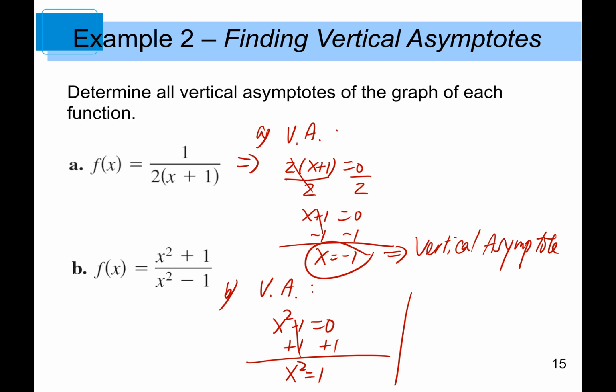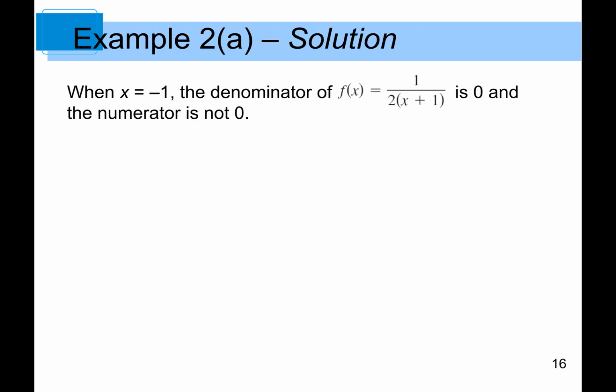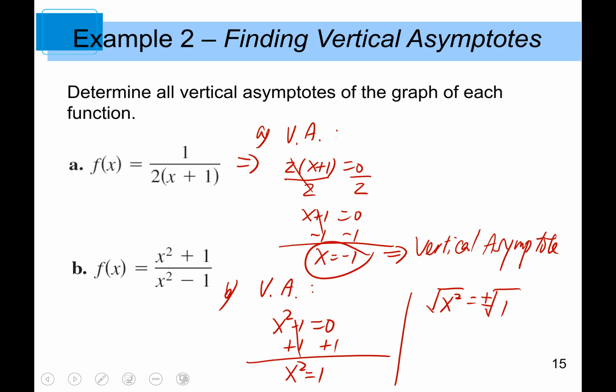Then we take the square root of both sides of the equation, and when you take the square root you have to put positive and negative. On the right hand side, the square root of x squared becomes x, and we have plus or minus the square root of 1, which becomes 1. So x equals plus or minus 1, those are our vertical asymptotes.